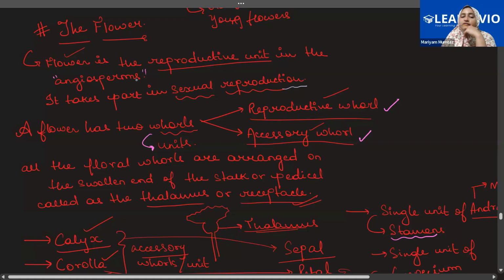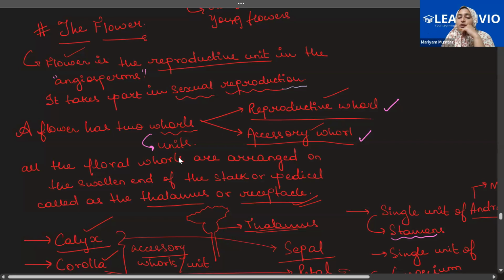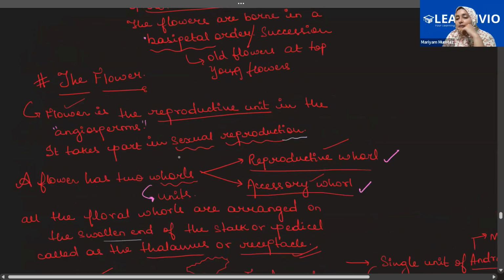Now, all in all, the flower has two whorls, or you can say two units, present in it. There is the reproductive whorl and then there is the accessory whorl. Now, all the floral whorls are arranged on the swollen end of the stalk or pedicel called the thalamus. Now, how many of you have seen a flower up close?